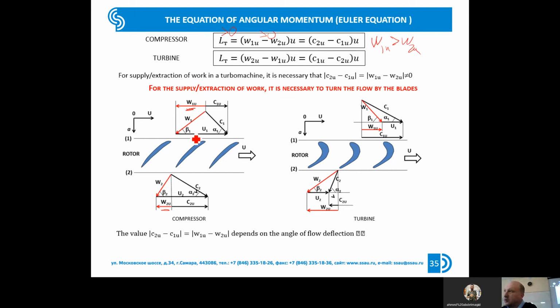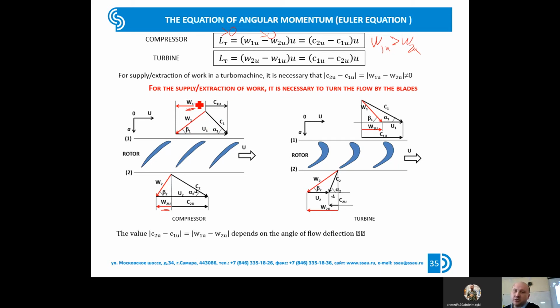If you want to supply work to the flow, like in the compressor, it could be like here. It couldn't be 0, of course, because if it's equal to 0, you do not receive the specific work. And if it is negative, you will extract work in the compressor, but you do not receive a pressure ratio, finally. That's why you need to provide such a relationship.